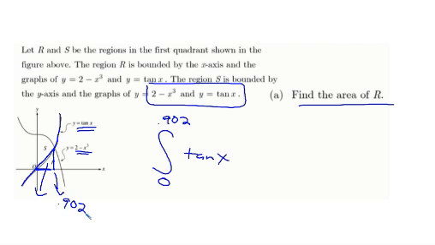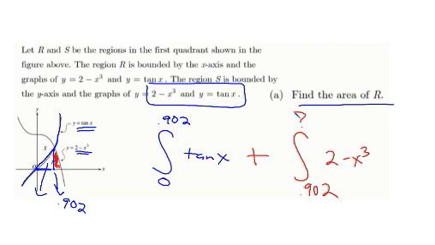0.902. And then the other half is this area in here, and that part is again just a regular integral with no subtraction. It's just the integral of 2 minus x cubed, because it's just a function by itself, and we're going to go from 0.902, all right, to what?